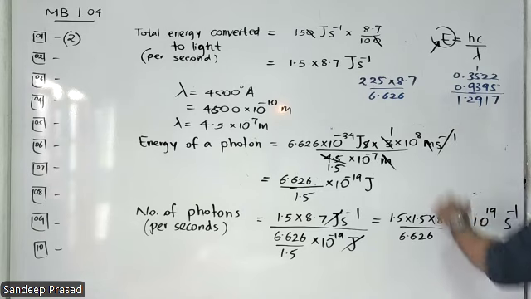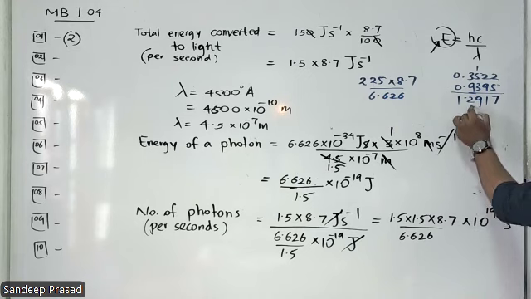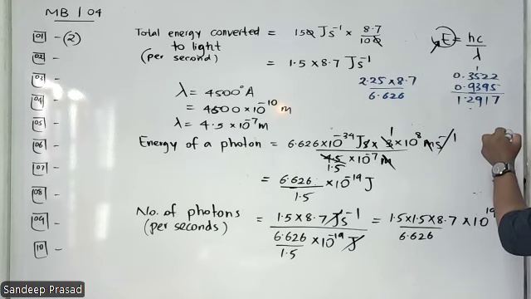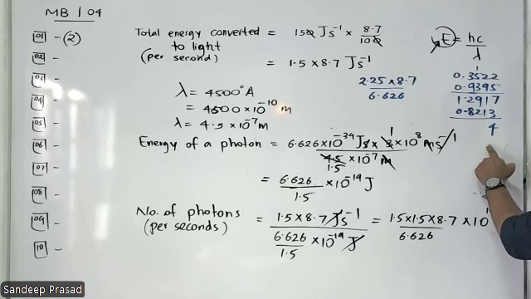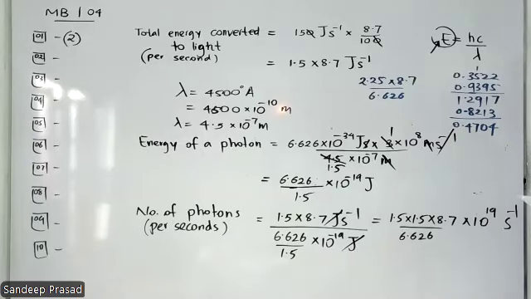What is the log value for 6626? 8213, no? Take the difference. 4704, 2953.